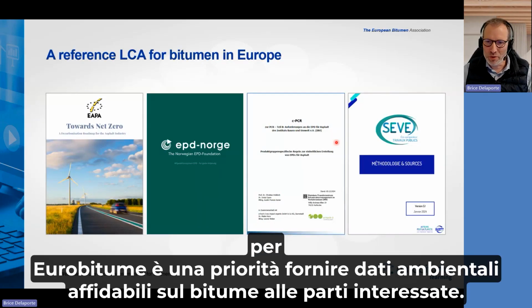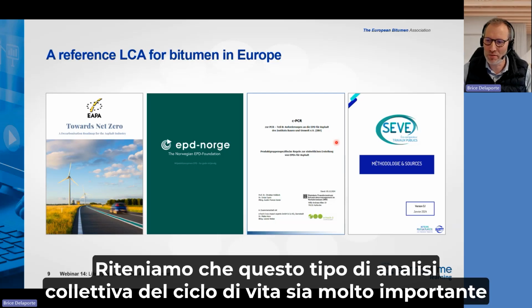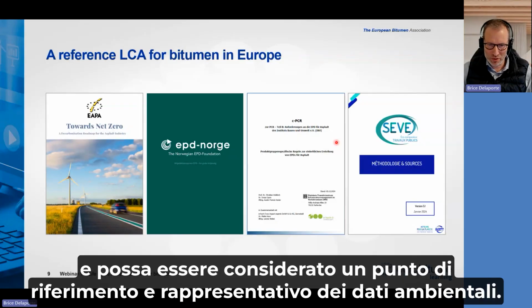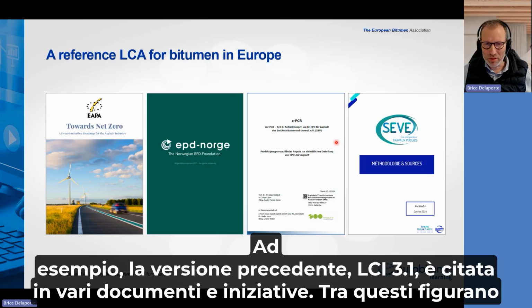It's a priority for EuroBitume to provide reliable environmental data for bitumen to stakeholders. And we do think that this kind of collective life cycle assessment is very important, and it can be considered as a reference and representative for environmental data. For example, the previous version, the LCI 3.1, is cited in various documents and initiatives.